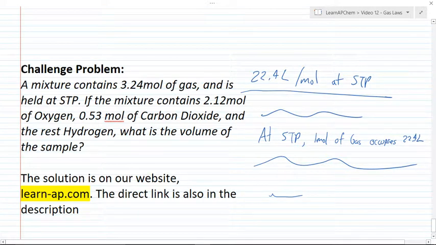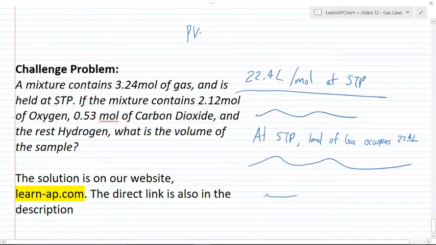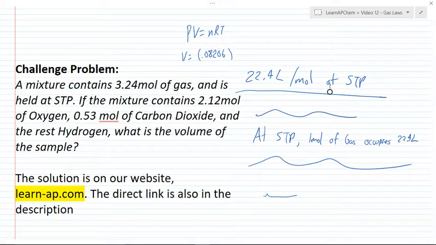In fact, let's figure out what the exact decimal is for that. At STP, this is just n, 0.08206. We'll use the more accurate R. And then T is in Kelvin, so 273.15, I believe.